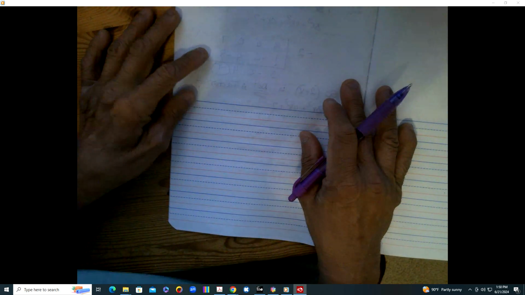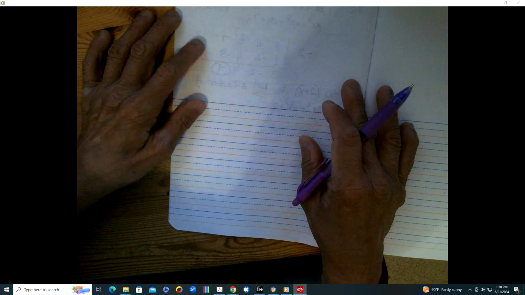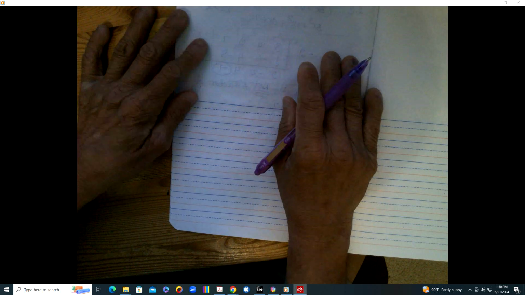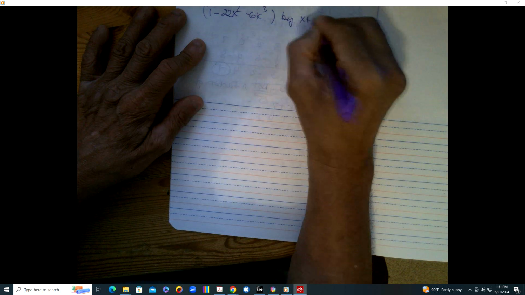Ok, cái bài kế bác muốn go over với tụi con là 2f. Cái bài này viết là 1 minus 22x squared minus 6x third by x plus 2.